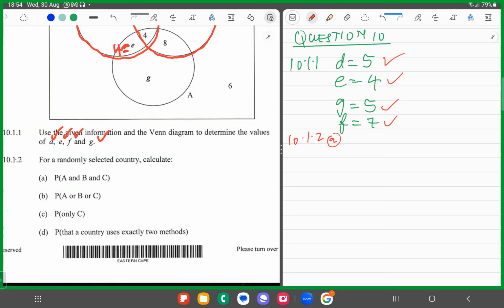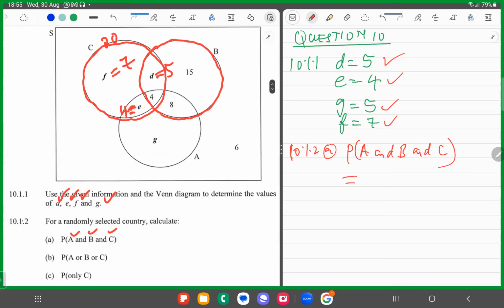Right, so now let's continue and find the probability of A and B and C. So we're looking at 10.1.2, A. What is the probability of A and B and C?